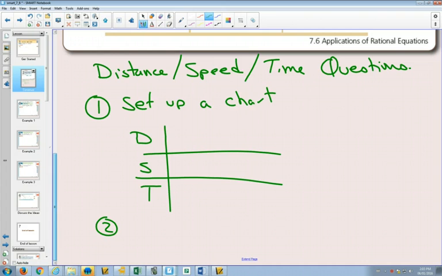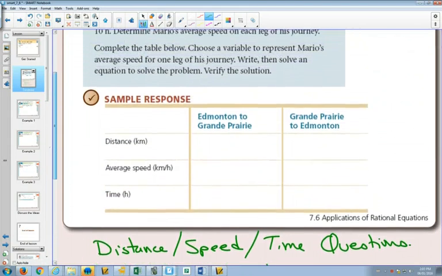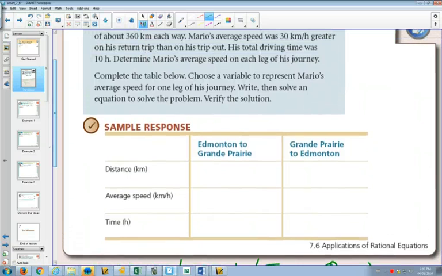Once you've set up the chart, you're going to enter the data you know. So this chart here has been set up for us. What data do we know? We know the distance is 360 for both ways.